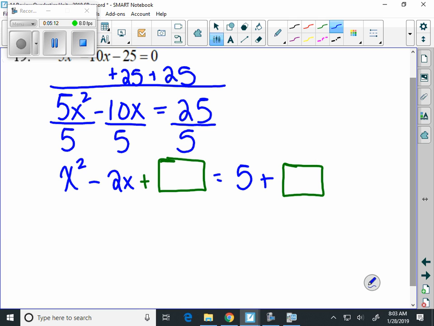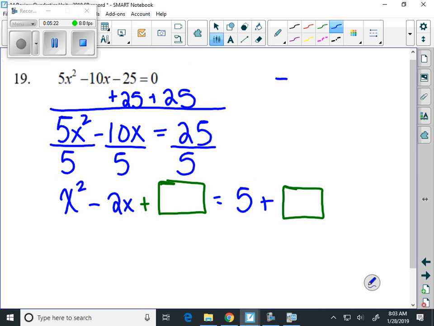Step 2, divide out the leading coefficient. Now we're on step 3, which is b divided by 2, squared. So b, in this case, is negative 2, divided by 2 is negative 1, squared. And remember that negative 1 times negative 1 is positive 1.